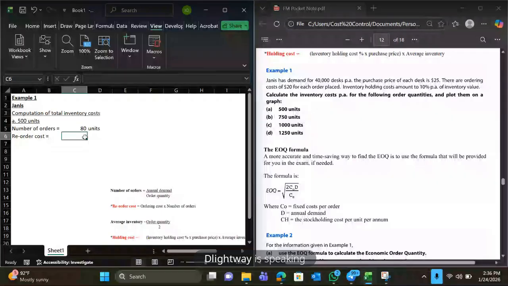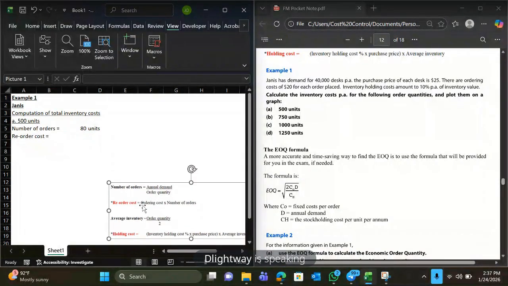Don't forget, on the norms, your annual demand is in quantity, 40,000 decks. That's why it's in units, decks. So for the reorder cost, to compute it, it's our ordering cost multiplied by the number of orders.